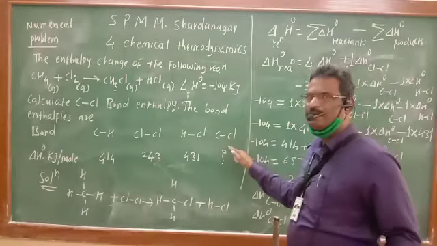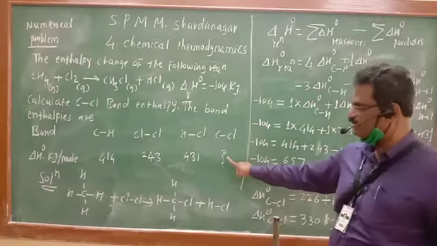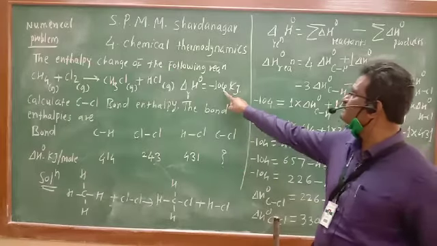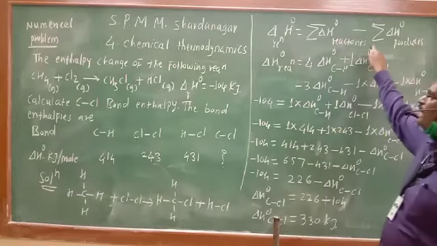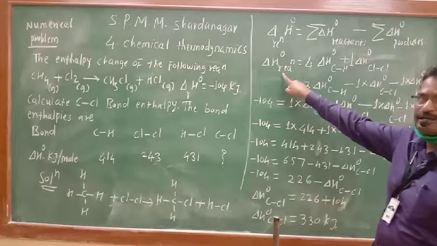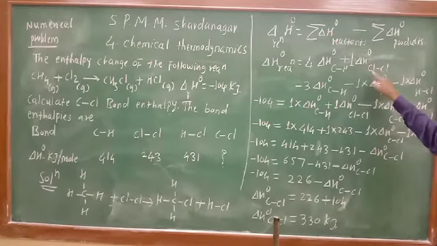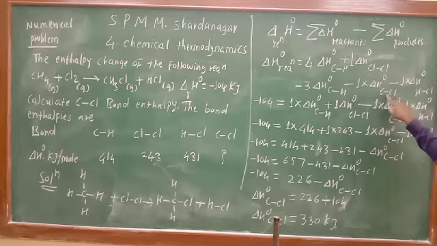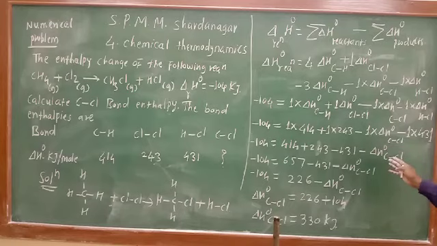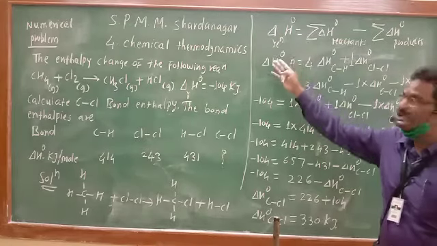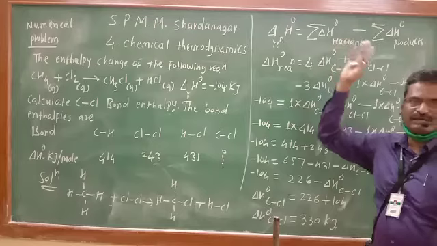If CCl is given as 330, we can substitute 330 here every time and calculate the left side, delta H naught of the reaction.